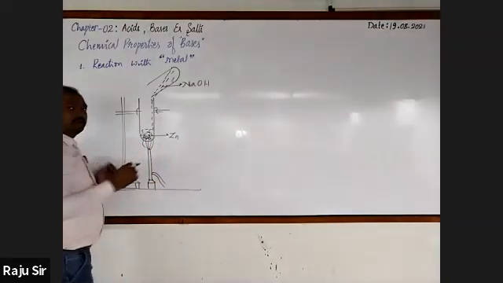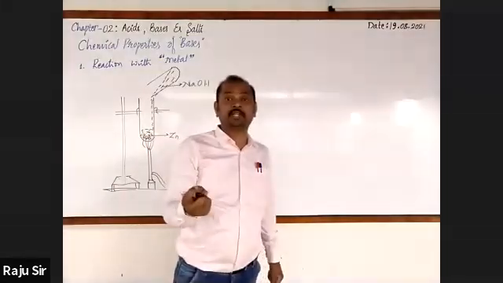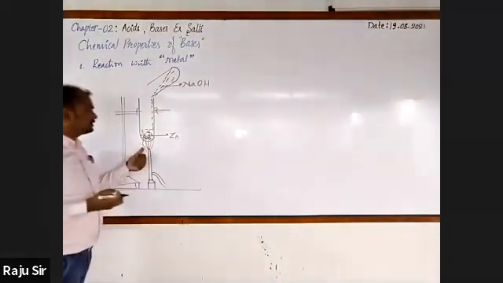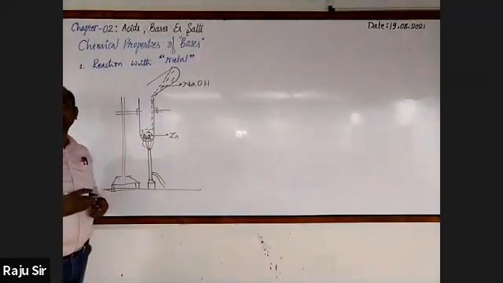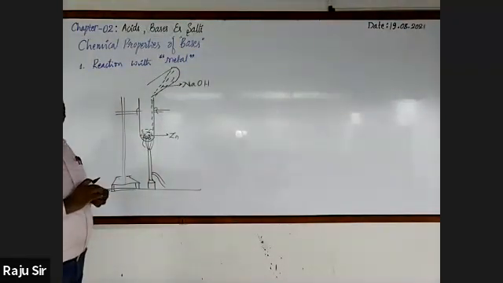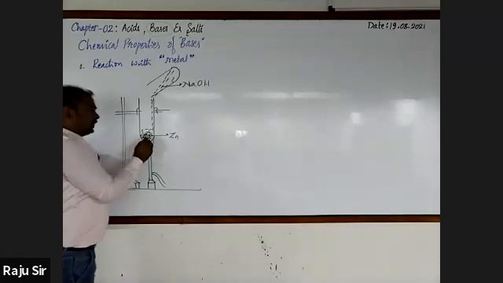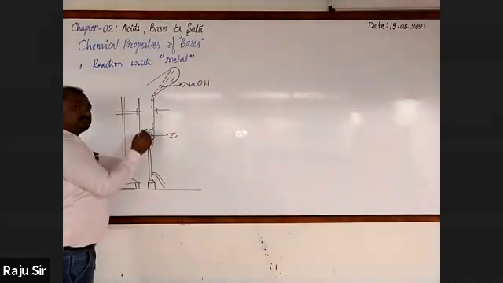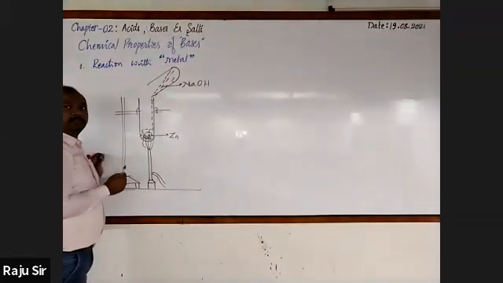It needs an excess amount of energy for the reaction, and that energy will be in the form of heat. Only on heating will the base react with the metal. Then you can notice that the reaction is taking place.